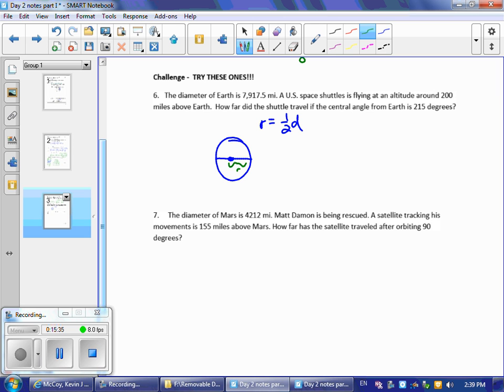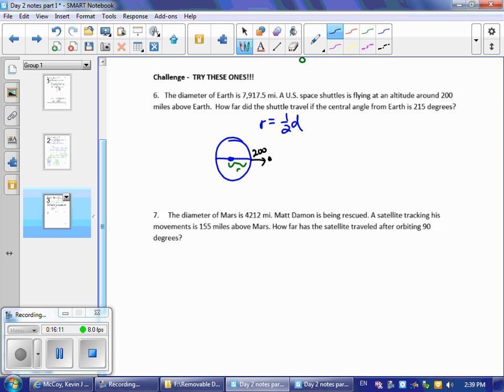That's R. But it says that the space shuttle is flying at an altitude of 200 miles above the Earth. So the space shuttle is someplace out here. It's 200 miles above the Earth. It's flying in orbit, around at 200 miles above the Earth, and it creates an angle of 215 degrees from the center.